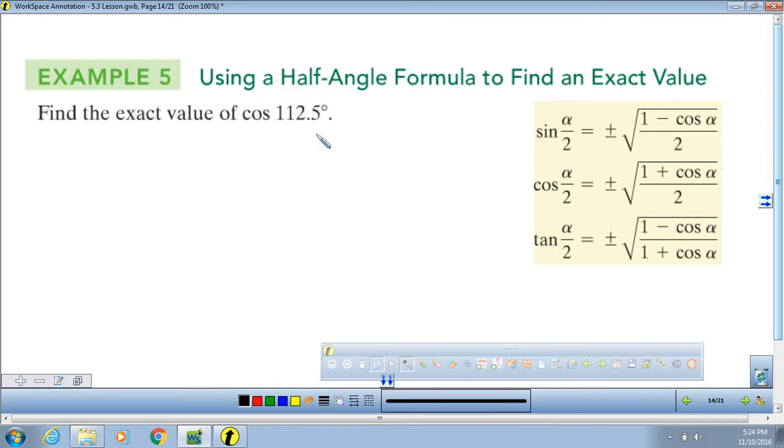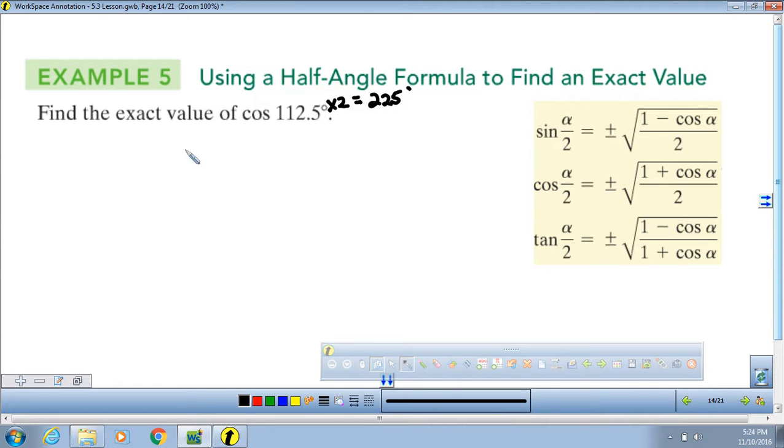Now, one of the things that we can do, we can rewrite this angle as a half angle. What does that mean? In order for me to make that decimal into a whole number, since it is a 0.5, if I double it, then I can write it as a half angle. So if you double this angle, multiply times 2, that gives you 225.